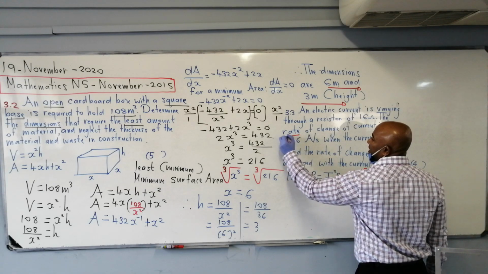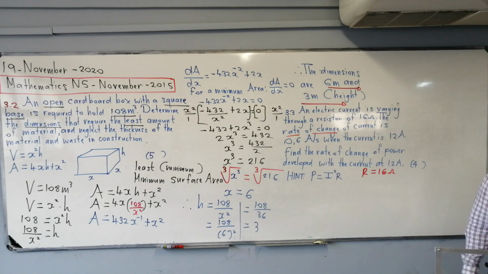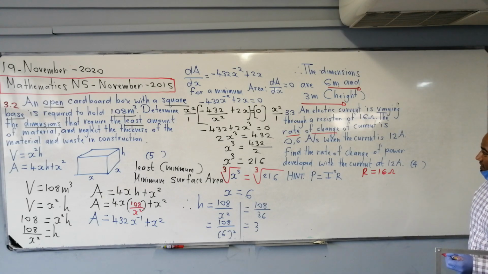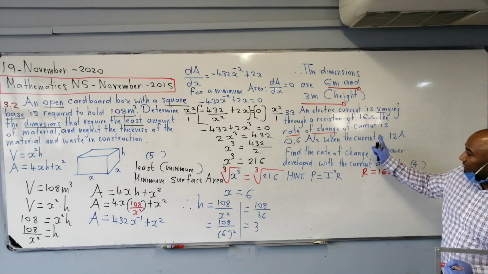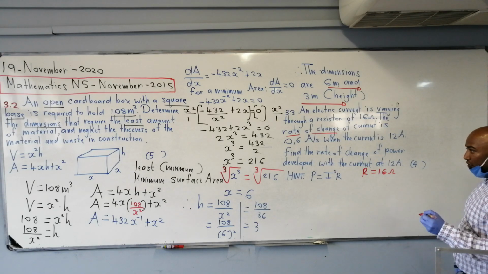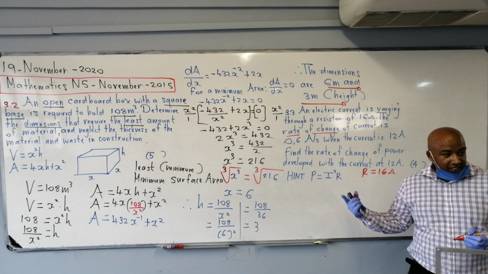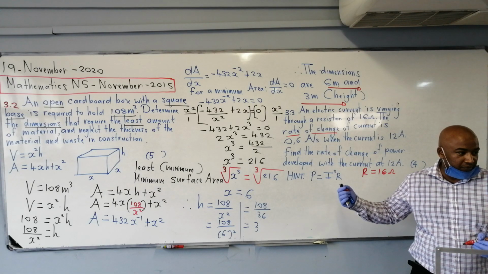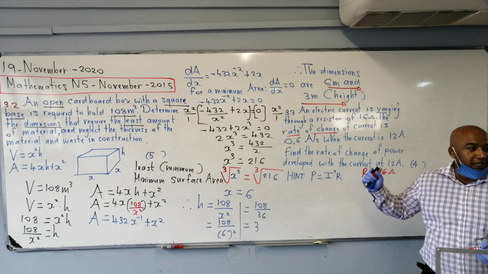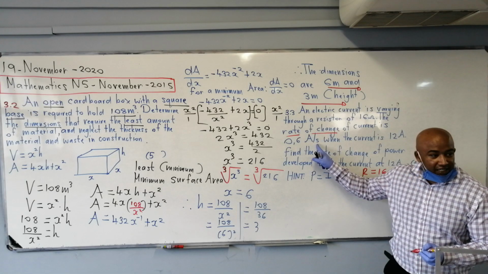The rate of change. Now when you see the words rate of change, that means derivative. Okay, rate of change. That means derivative. So the rate of change of current is 0.6 amps per second. So that is not I, it is the derivative of I. Okay, I is current, but this is the derivative of current with respect to time because it's amps per second.